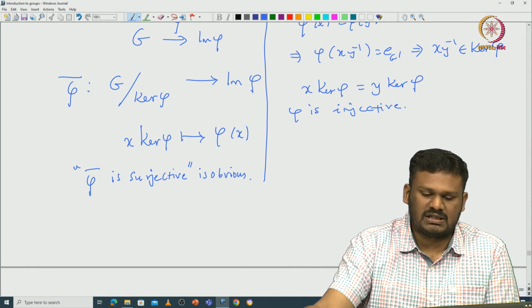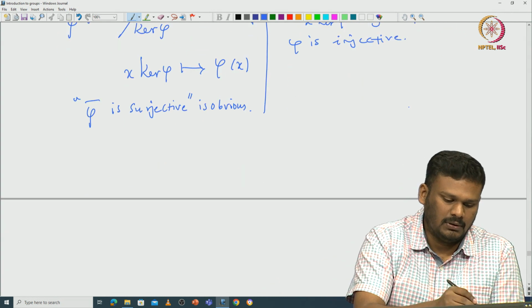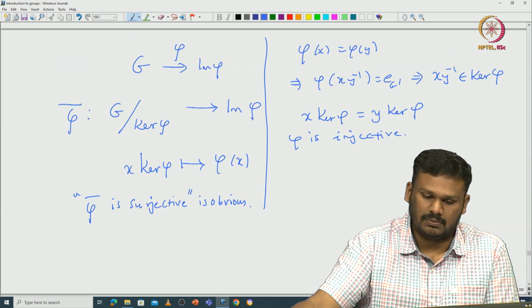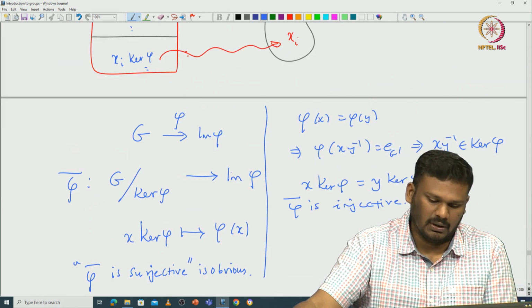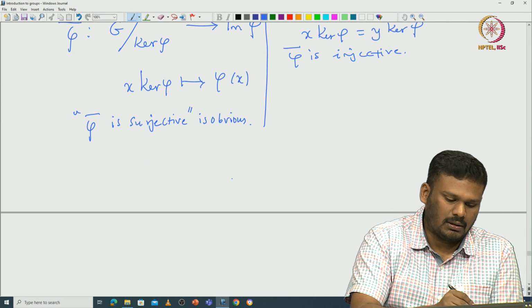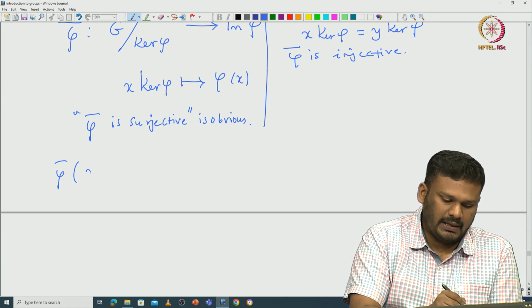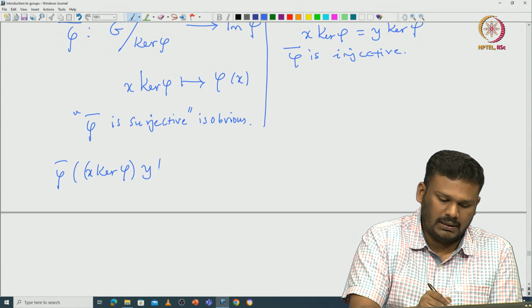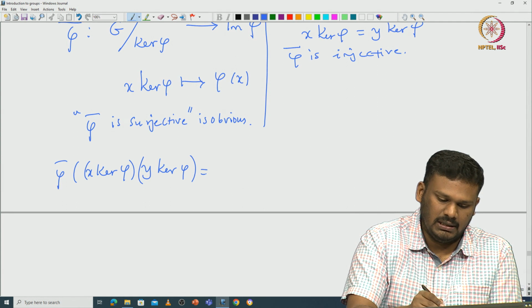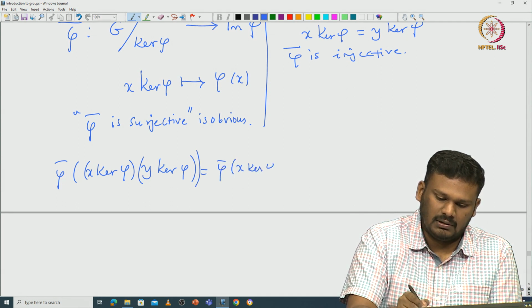Okay. Now let us verify phi bar is a group homomorphism. So phi bar of x kernel phi times y kernel phi, we want to prove this is exactly equal to phi bar of x kernel phi times phi bar of y kernel phi.